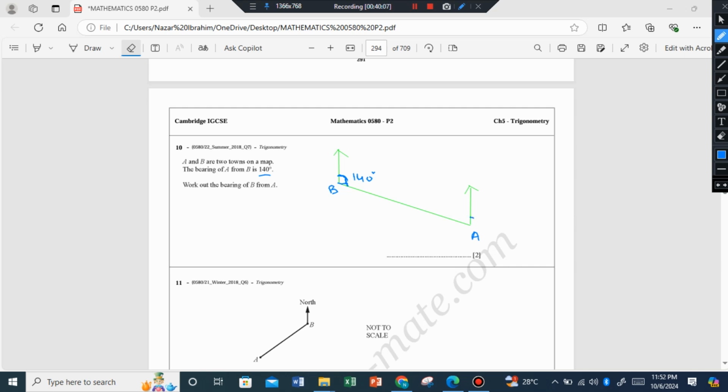So I need basically this angle, B from A, right? To find this angle, I cannot see any clues. So remember, one clue is using parallel line concepts.